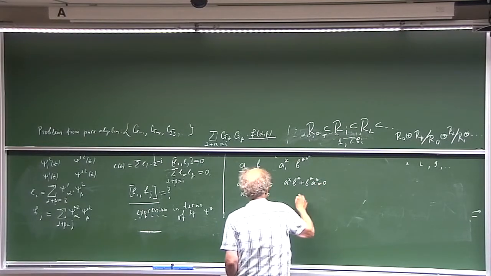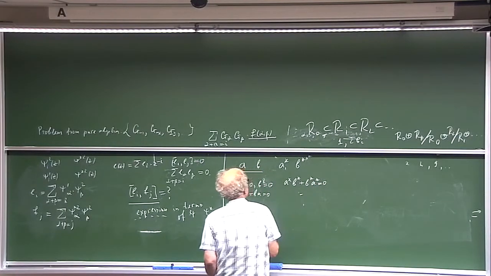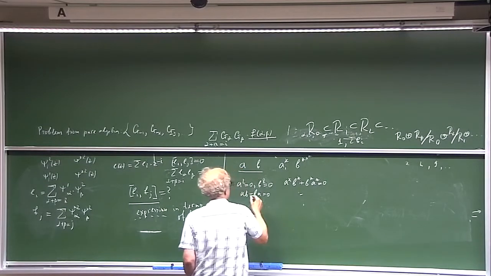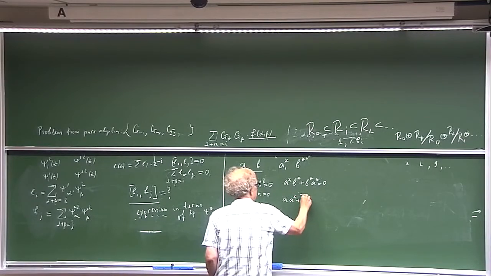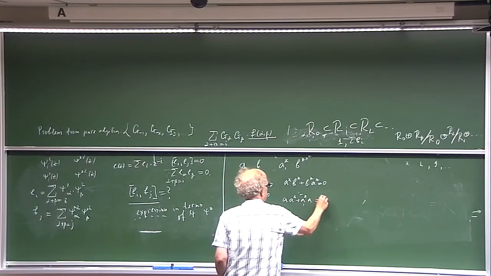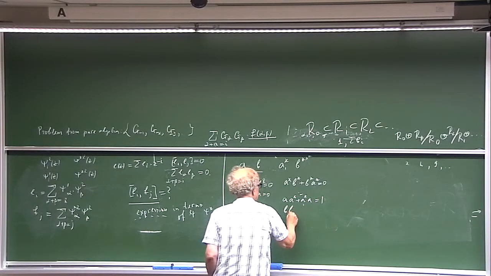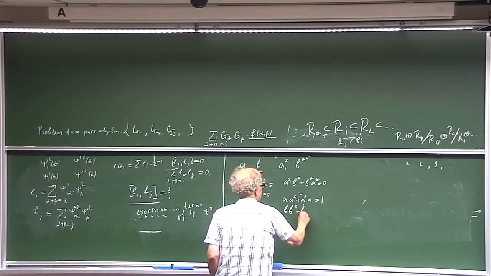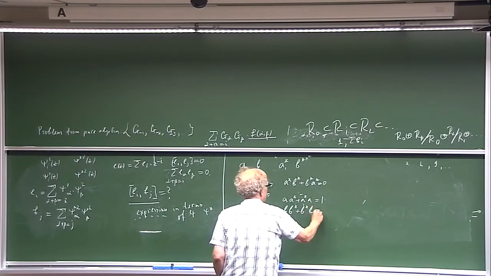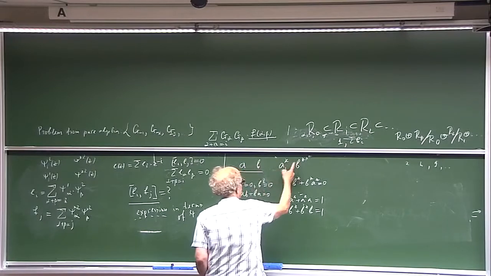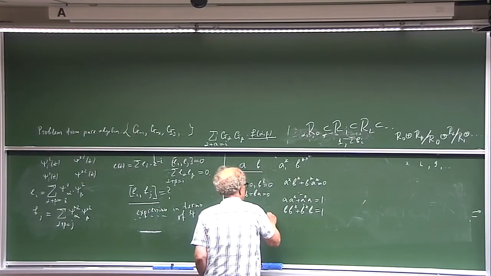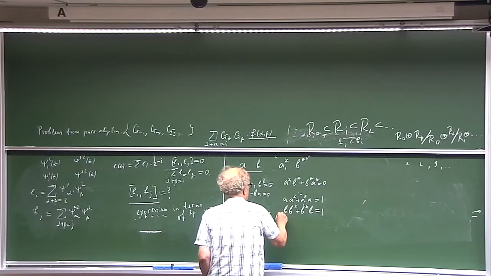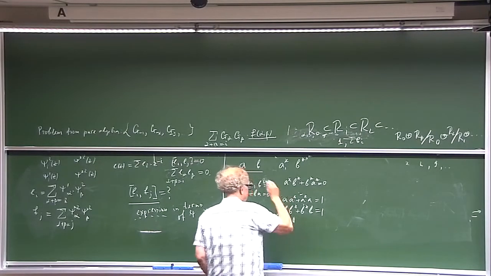Then A star square, B star square, and AB star plus B star A are also 0, and then A star A plus A A star is 1, B star B plus B B star is also 1, and so on, other things are 0. So for example, A B star plus B star A is 0.